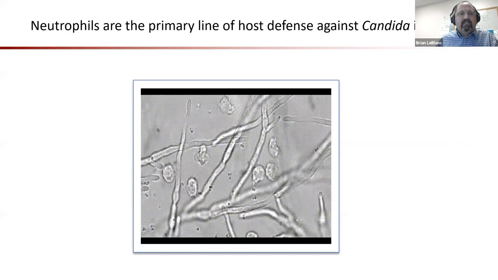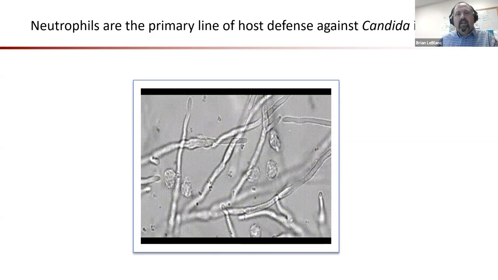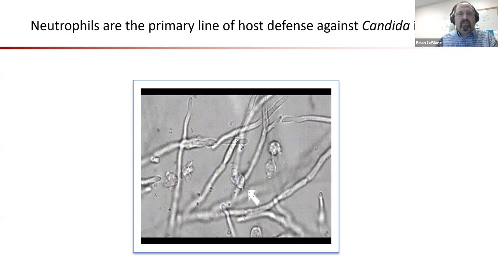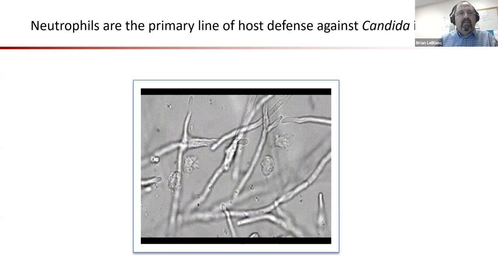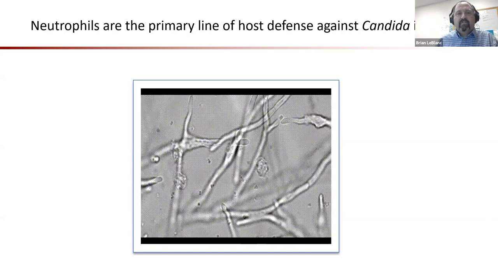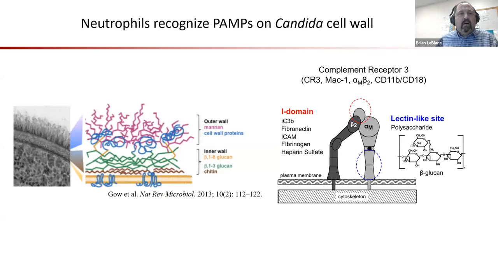So when it recognizes the hyphae, it goes over and spreads out and does its best to kill the hyphae, but it's far too large to clear. So it relies on the release of antimicrobial molecules in order to defend against Candida. And upon recognition of Candida, that's how it becomes activated to release those molecules.